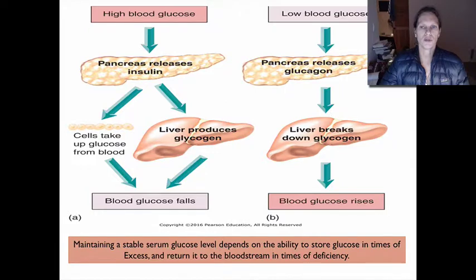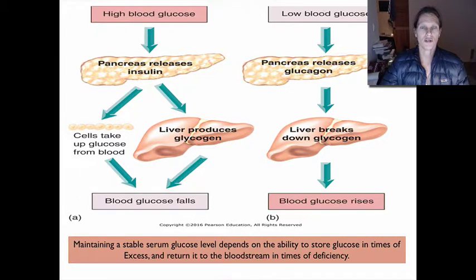I'm sure you remember there are two hormones produced by the pancreas that are responsible for, not solely, but responsible for maintaining blood glucose. One is insulin, and insulin is released when blood glucose levels are high.